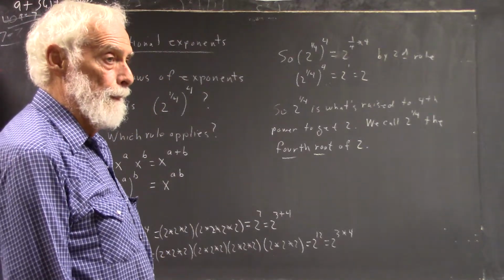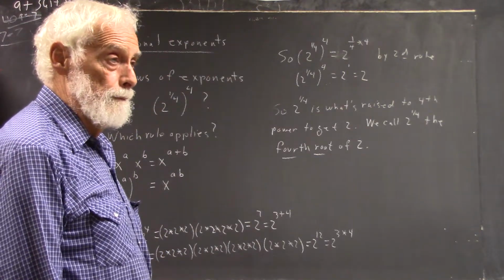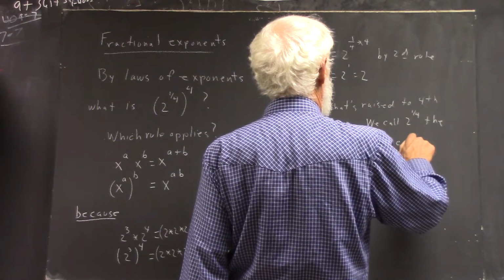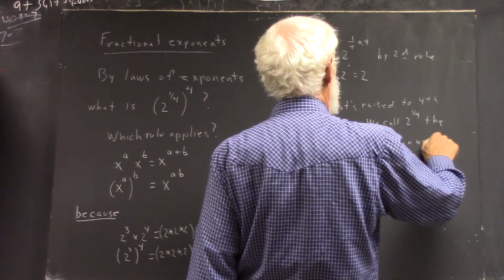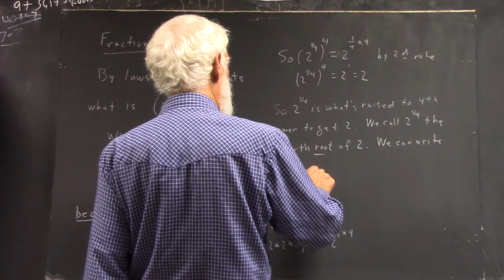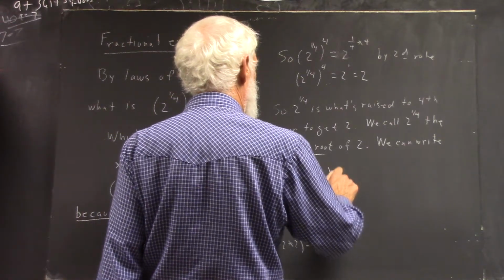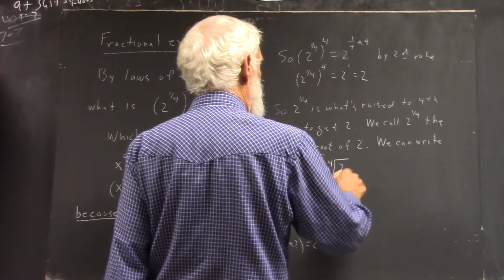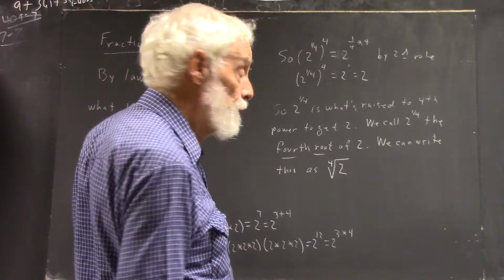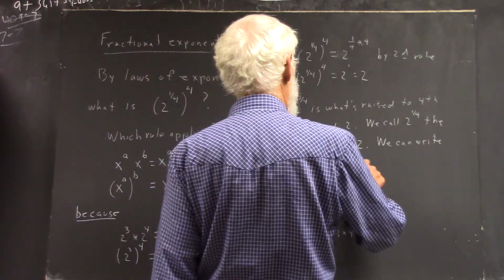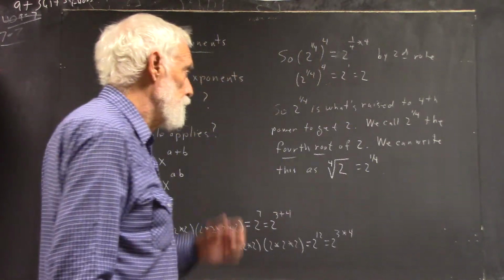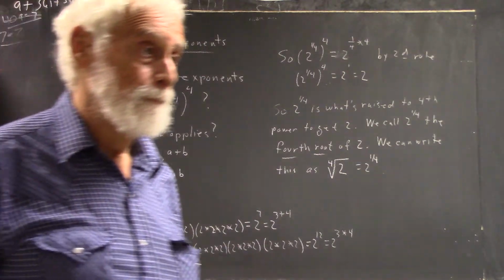Okay? We can write this in radical notation as the 4th root of 2. And we can also write it as 2 to the 1/4. Okay?